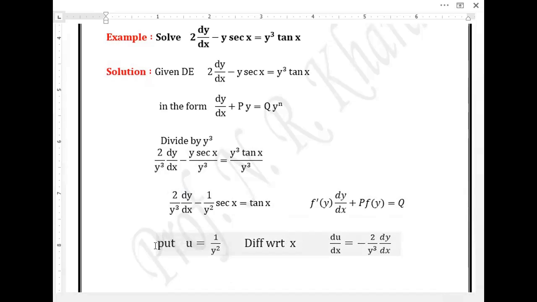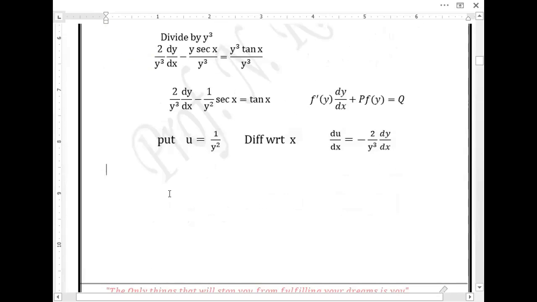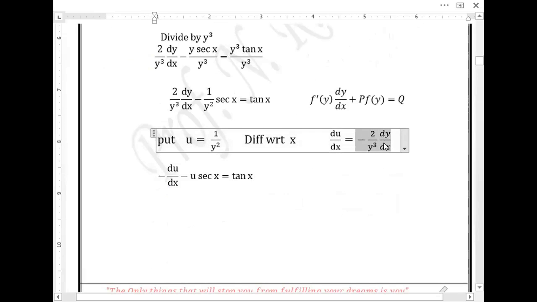Means the linear differential equation can be reduced using type number 3, where p is equal to sec x. We have to replace all the values with the new variable. Then this equation becomes du by dx is equal to minus 2 upon y cube dy by dx.